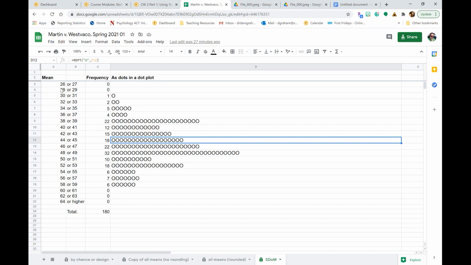So we can see here from 26 to 64, we can kind of see the shape here, right? And we're going to do a little sketch of what the distribution looks like.